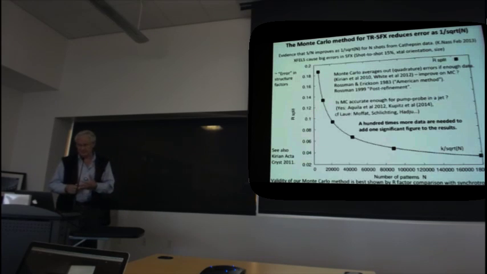I've said there are three important ones: the unknown orientation of the crystal, the unknown size of the crystal, and the shot-to-shot variation of intensity. Now, in the simplest model, we could imagine that they're all Poisson errors and they add in quadrature.